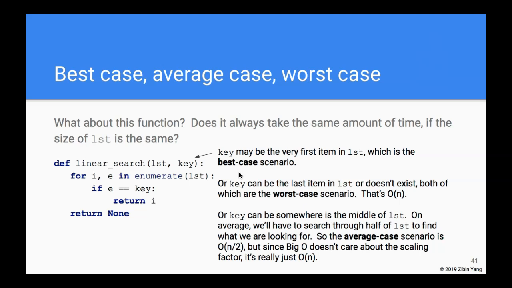Now, more often, the key is probably somewhere in the middle of the list. So we can say, on average, if you do enough statistical analysis, we're probably going to search through half of the list to find the key. So the average case scenario would be something on the order of n over 2.